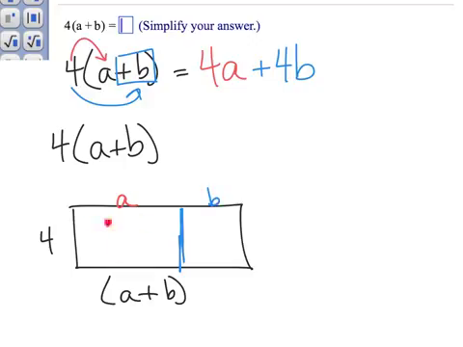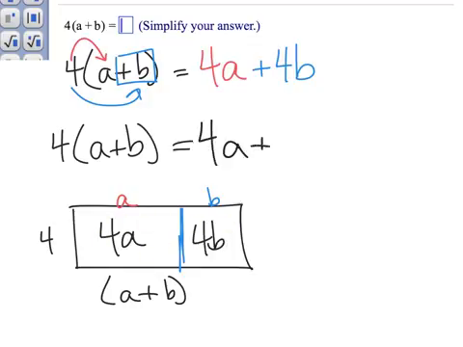And so if I wanted to know the area of this piece right here, this rectangle, that's 4a. And if I wanted to find the area of this rectangle, that's 4b. And so the total area of the rectangle is 4a plus 4b.